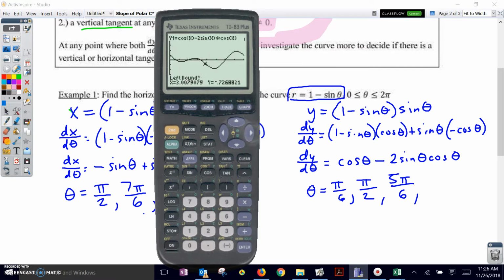I fear I'm going to run out of time here. And 4.712, which is 3 pi over 2.